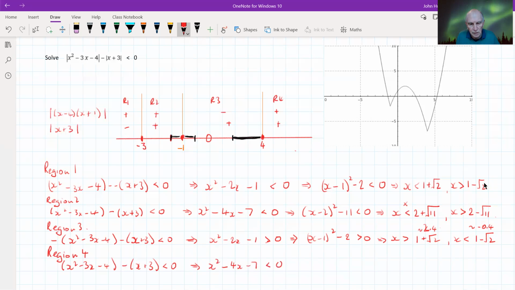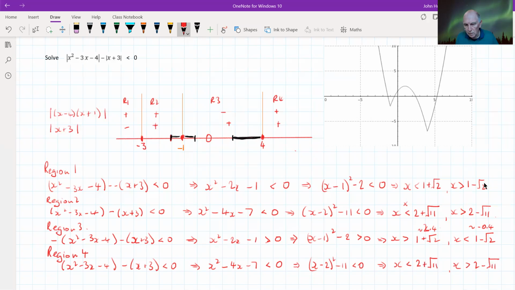That's going to give us this inequality, and then completing the square again, that's going to go to x minus 2 squared minus 11 is less than 0, and that's going to give us solutions x is less than 2 plus root 11, and x is greater than 2 minus root 11.